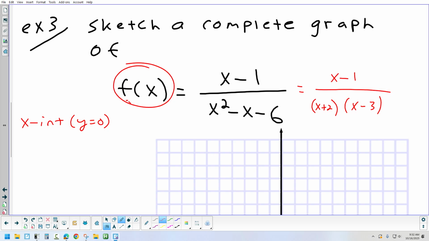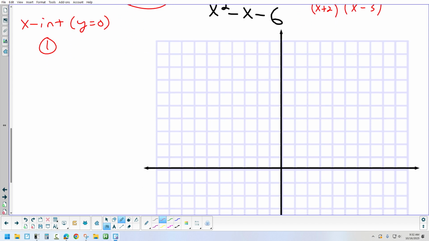What's the only way that a fraction can ever equal 0? Yep, if the numerator is 0. And what value would make the numerator 0 in this case? Yep, 1. Just check that 1 doesn't cause you to divide by 0, because that would be an issue. No, it doesn't. So this will cross the x-axis at 1. Okay, so I can put that point there.